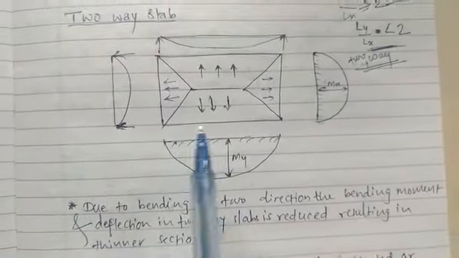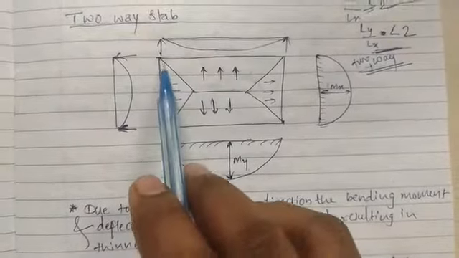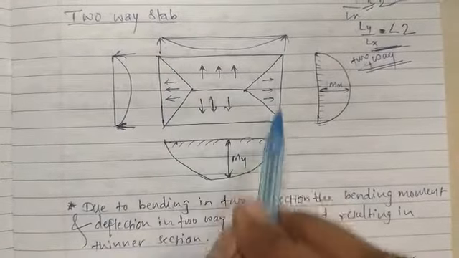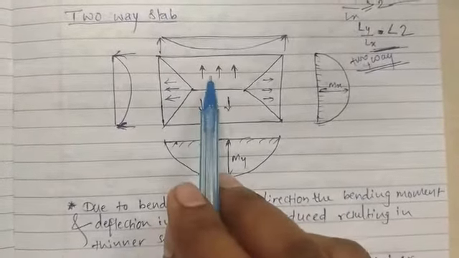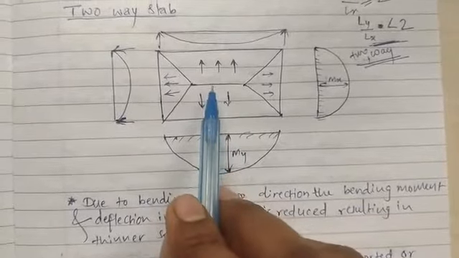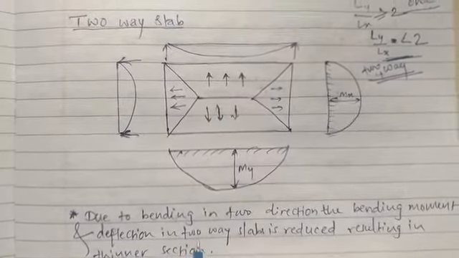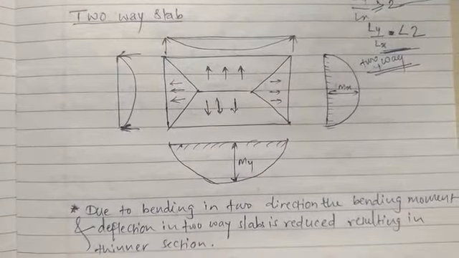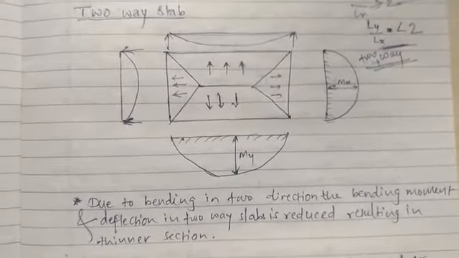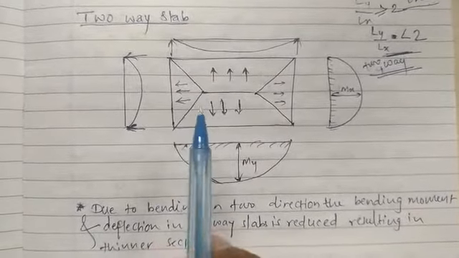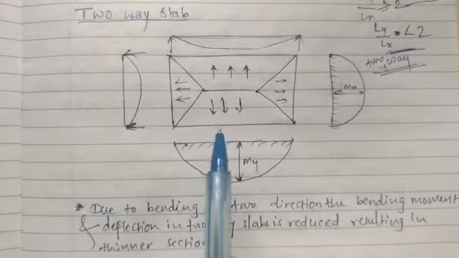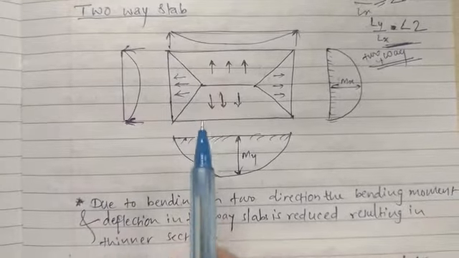So this slab bends in two directions, it deflects in two directions. That's why we need to provide steel which will oppose this bending in two directions. That is why it is called a two-way slab, because the slab bends in two directions.